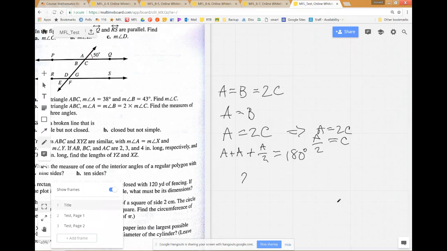So, 2.5 A equals 180. 5 halves A equals 180. And then you can get rid of that 5 halves by multiplying both sides by 2/5.